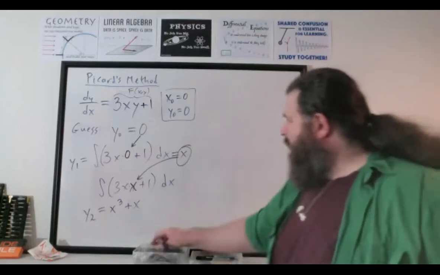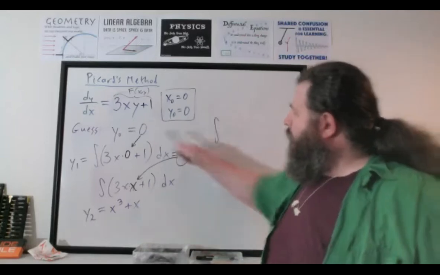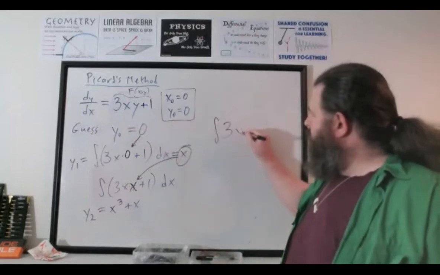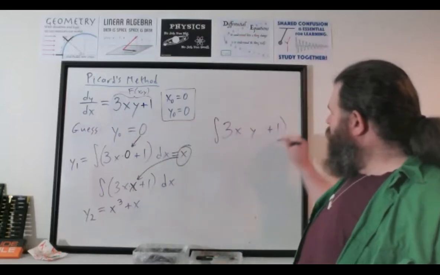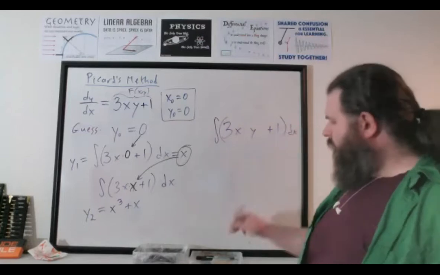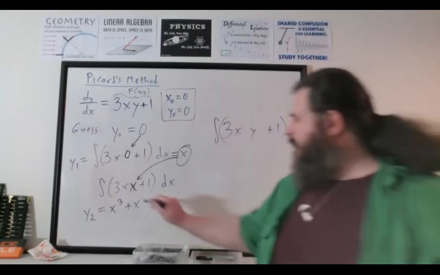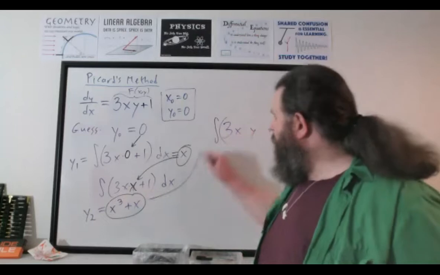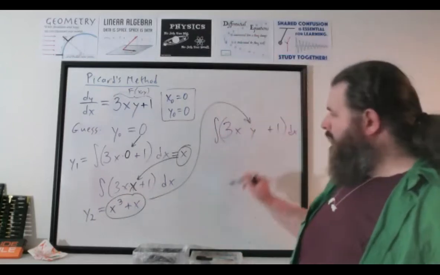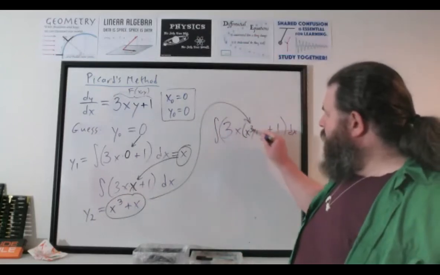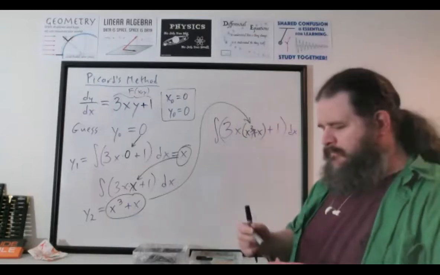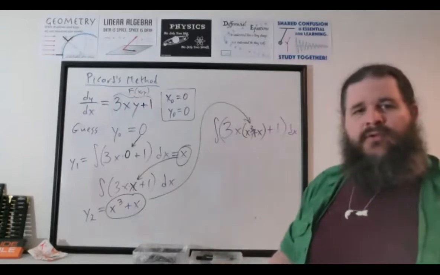Once more, we're going to write out the integral of this whole thing with respect to x. But now we're going to replace y with our previous best guess, x cubed plus x. Of course, we'll want to distribute that.